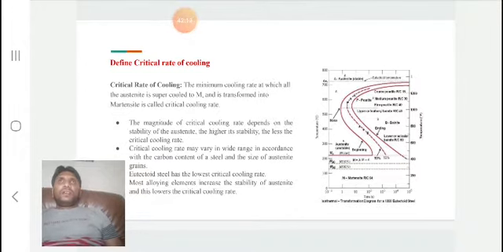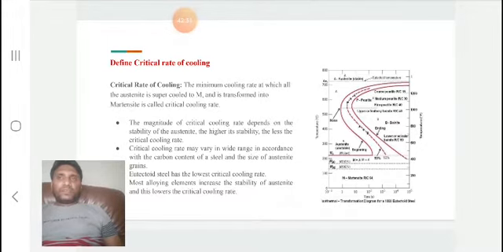That is, it is the minimum cooling rate at which a material can be cooled so that the entire austenite present in the steel will get transformed to martensite, whether it is 25 degrees centigrade per minute, or 25 degrees centigrade per 10 minutes, or 50 degrees per 10 minutes.